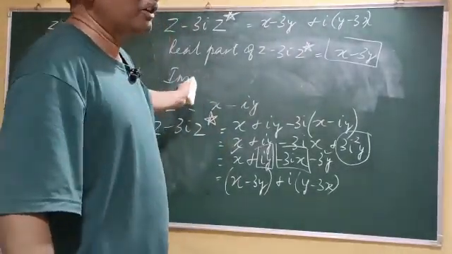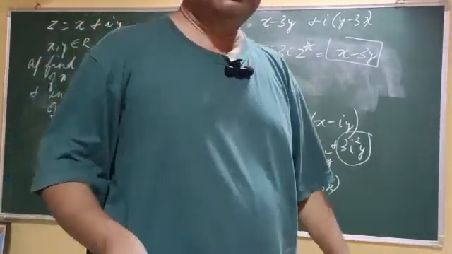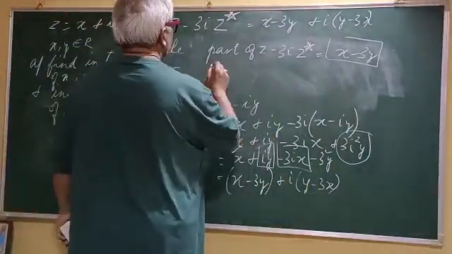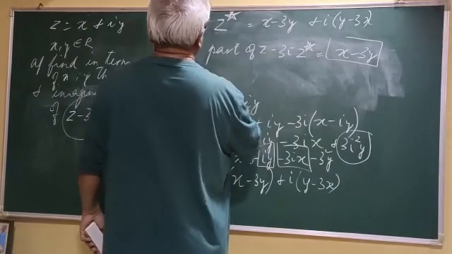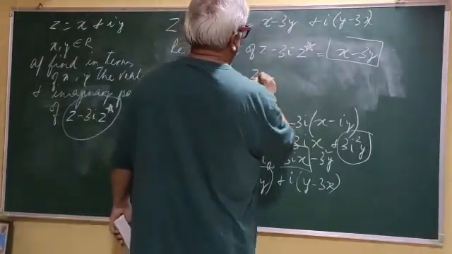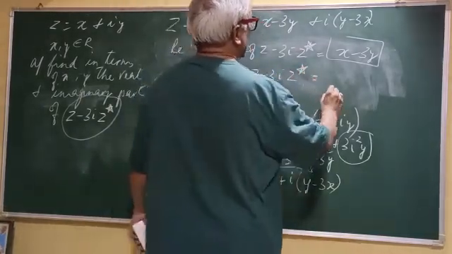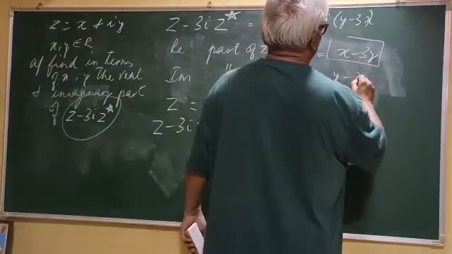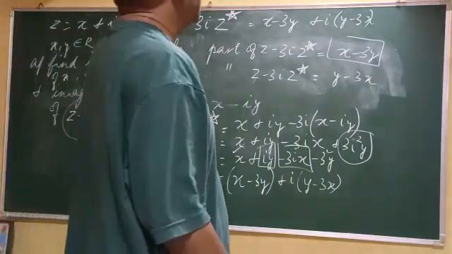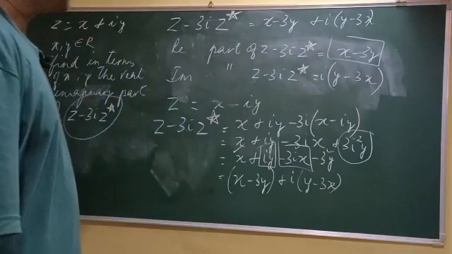Re for real and Im for imaginary is acceptable. So the imaginary part of z minus 3i z star is y minus 3x. Correct? That is it.